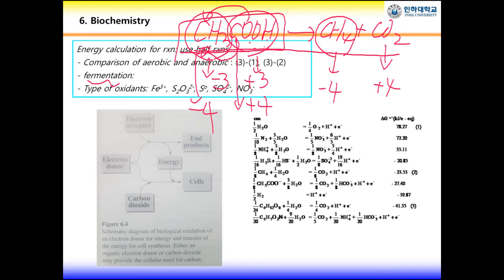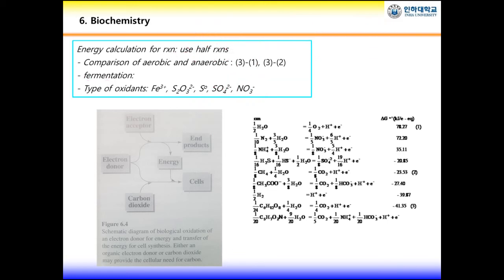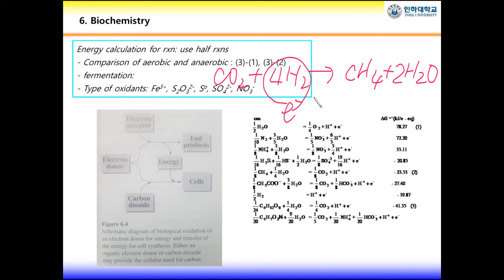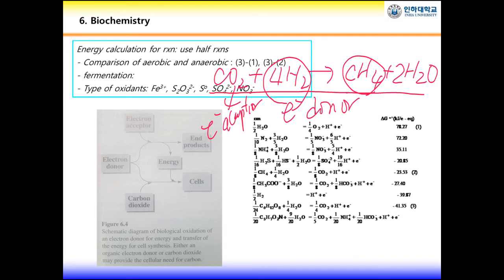In some sense, we usually call it methane fermentation, but if methane is produced in this case, then this one is the electron donor, and this one is the electron acceptor. So strictly speaking, this oxidation reduction reaction produces methane, but it's not a fermentation, right?